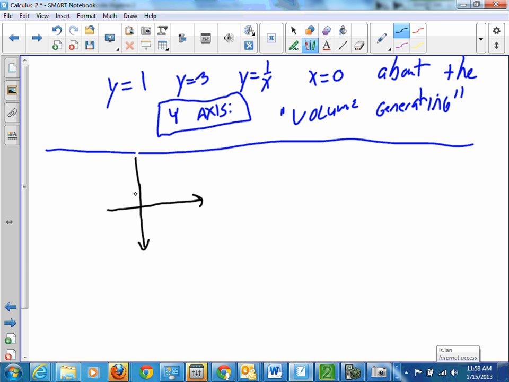So y equals 1, there's going to be a line there, and y equals 3. And we'll try to make these lines straight. And then, of course, we're going to make our axis of rotation the y-axis.